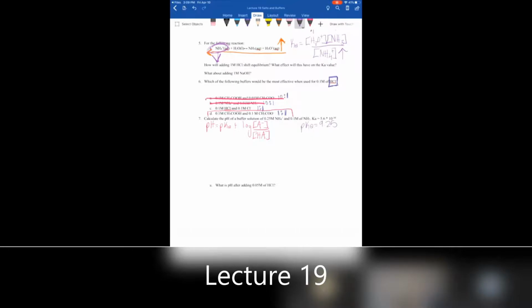So you can plug that in. You have everything you need. You want to determine the pH of your buffer solution before you add in any kind of acid. So pH equals your pKa, which is 9.25, plus log of what over what? It'll be 0.1 over 0.25. Okay.